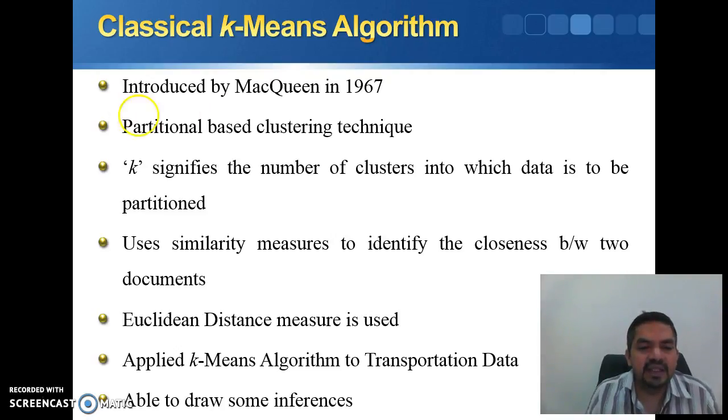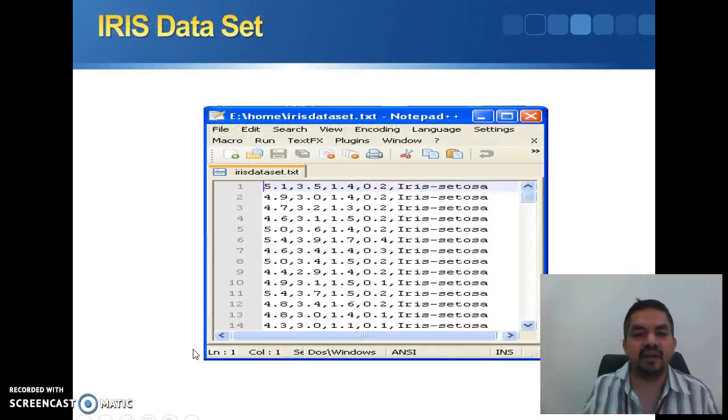Here K is the number of clusters and it should be known in advance. It uses similarity measures to identify the closeness between two documents, and Euclidean distance measures are used here. Using this, we applied it to transportation data and were able to draw some inferences.